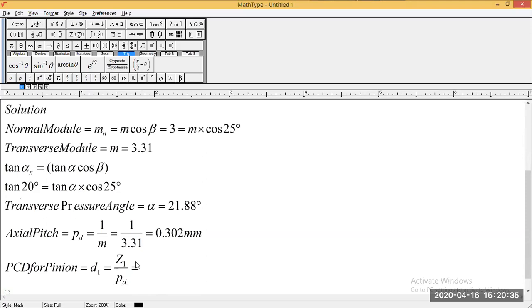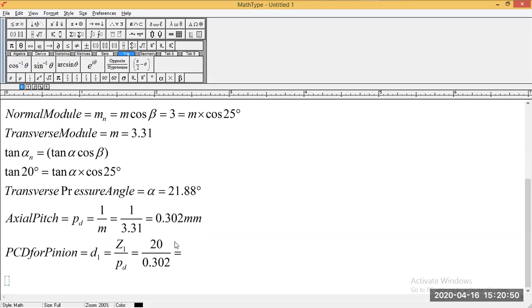We know the value of Z1, that is 20 teeth, but PD is 0.302.